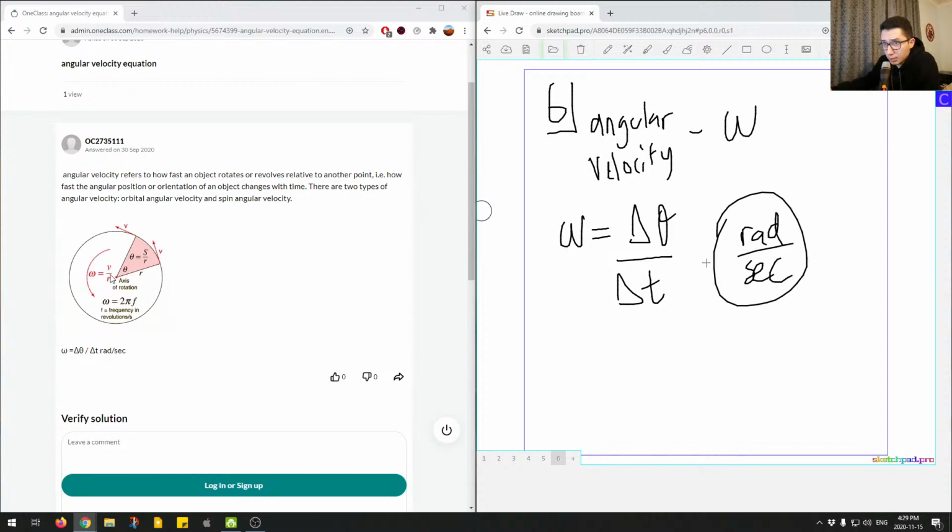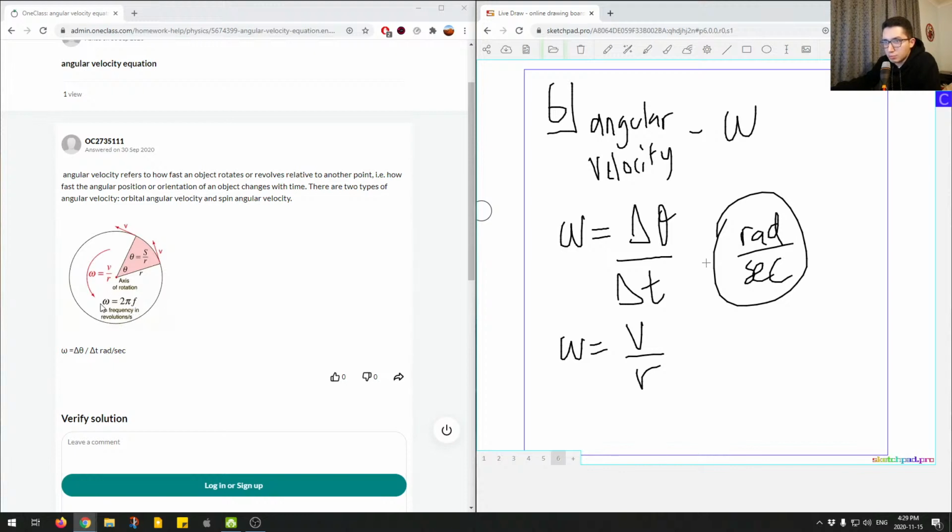Another way to think about it is using this equation over here. We can also use speed over radius. So speed is what the object is moving at this point, the vector at that point in time, divided by the radius, the distance here. We can also think of it in terms of frequency.